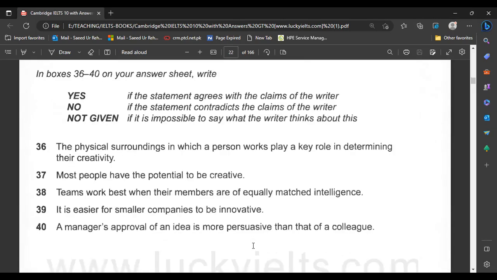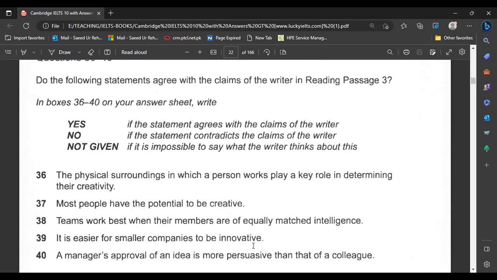And then again, there is a true false question. That shows that there are a lot of true false questions. Try to practice maximum true false questions so that you will be able to score well, because most of the times true false questions are mostly coming in the test. Maybe they are about 15, so approximately 50% of questions.